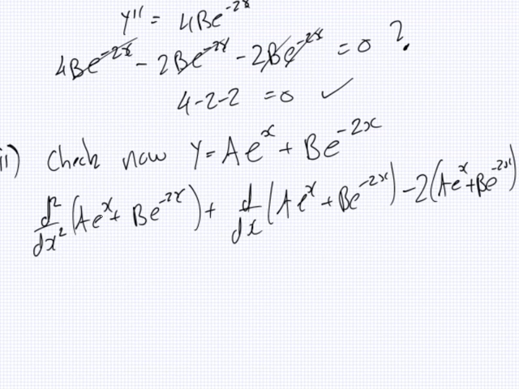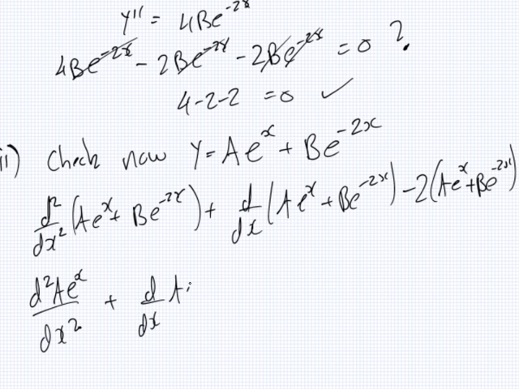But the derivative of a plus b is the derivative of a plus the derivative of b. You can separate them. So I can separate this as twice the second derivative of a e^x over dx squared, and I can just look at this part: the derivative of a e^x and then minus twice a e^x.